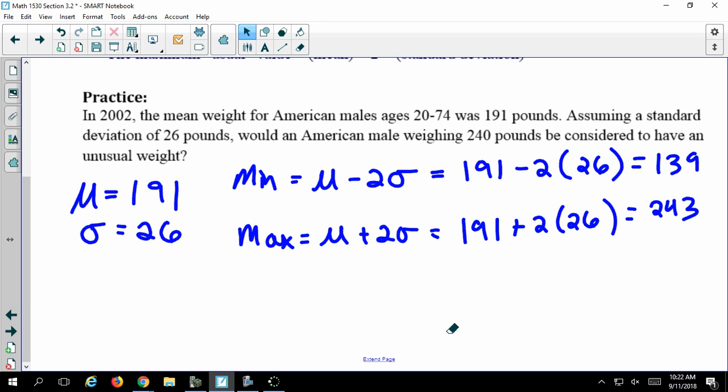The answer is no. Because 240 is between those two. Okay. So that's called the range rule of thumb. So the rule of thumb is anything within 2 standard deviations of the mean is considered to be usual. Anything outside of that is unusual.